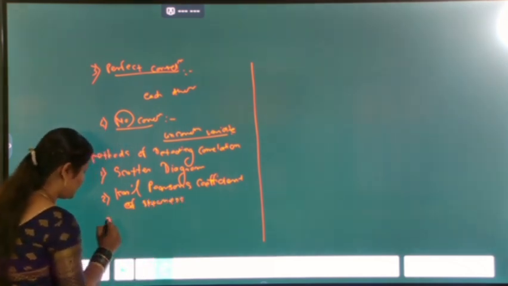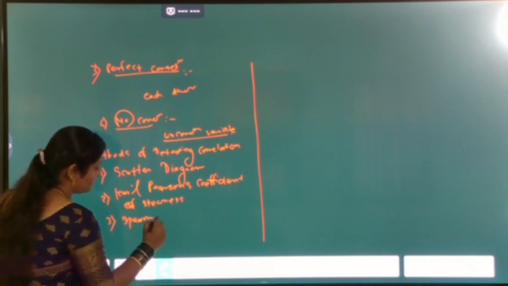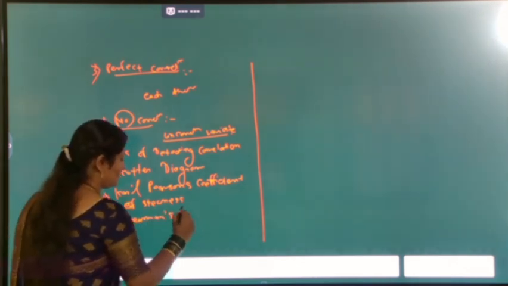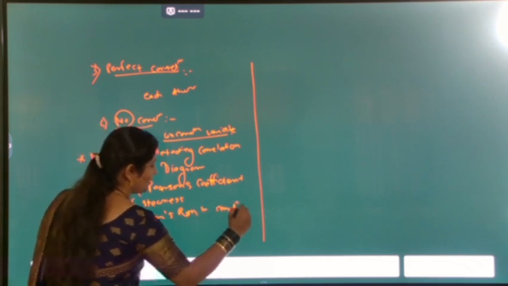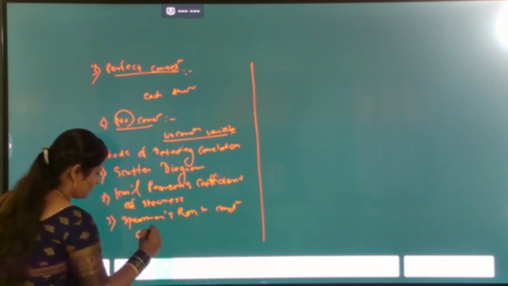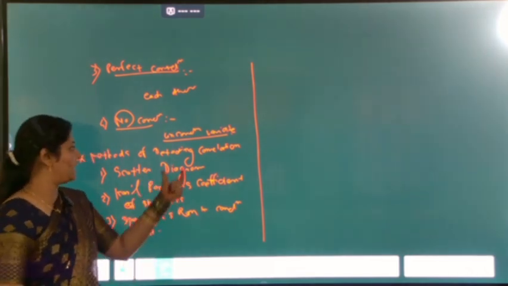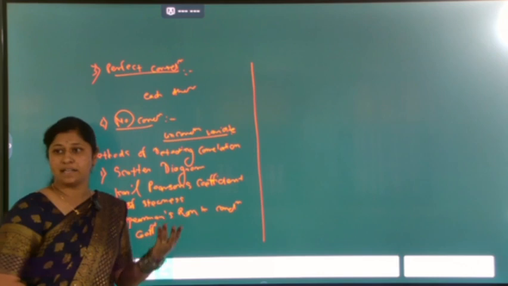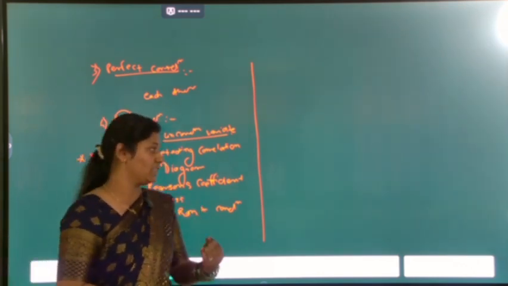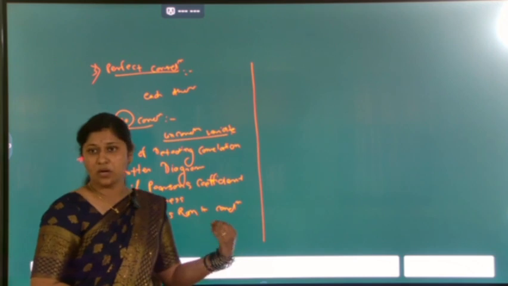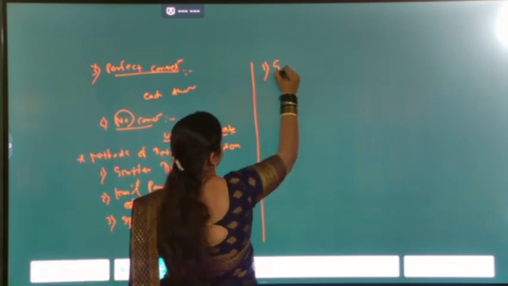And third is Spearman's rank correlation coefficient. There are three methods of detecting correlation. First is scatter diagram, second is Karl Pearson coefficient of correlation, and third is Spearman's rank correlation coefficient. We see the first, scatter diagram.